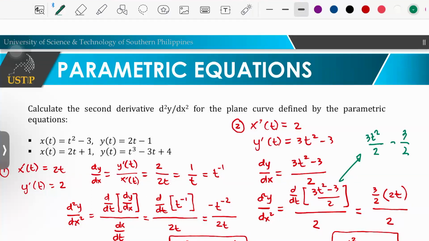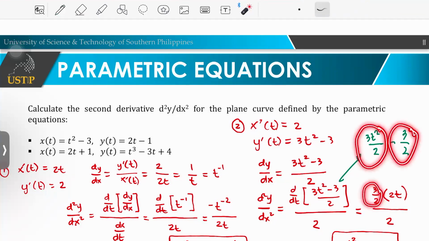If you differentiate that, the constant becomes zero. So what remains is 3 halves times the derivative of t squared, that is 2t, all over 2. If you simplify, the 2s cancel, so that leaves us with 3t over 2, the second derivative of y with respect to x.